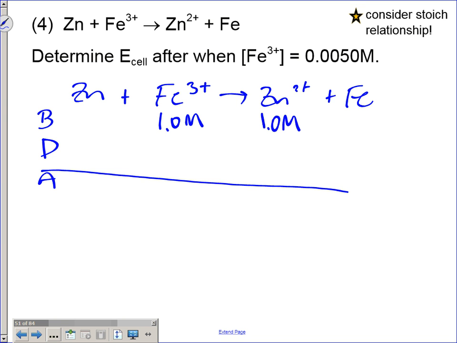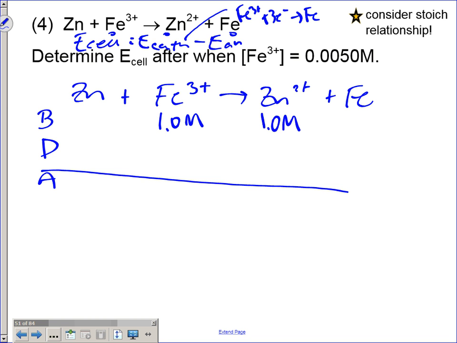Okay, here it is. So E cell, which is E of the cathode minus E of the anode. Who's at the cathode in this example? Think about the charge change. Iron, so cathode is going to be reduced. So we're talking about iron 3 plus plus 3 electrons going to iron solid.